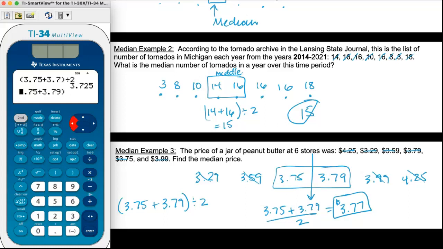I'm going to use the insert button, and that'll allow us to put in a parenthesis there, and then we can come out. Sometimes that's worth it, or you can just start over and then divide it by 2, and we get 3.77. So you can enter it that way too. Either one works.